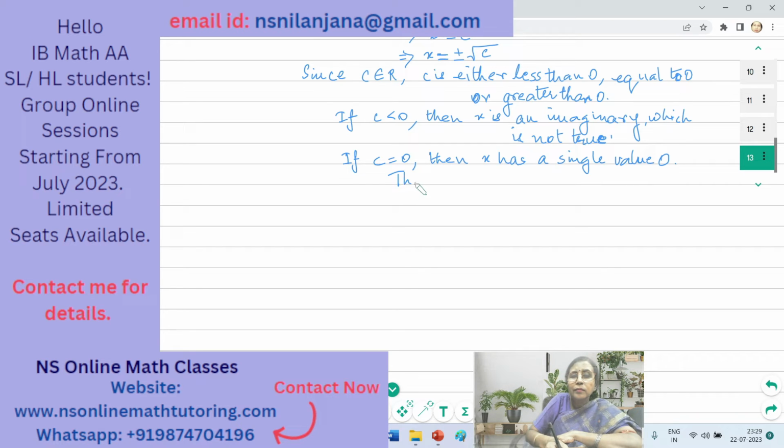Therefore, we do not have separate x values for maxima and minimum.